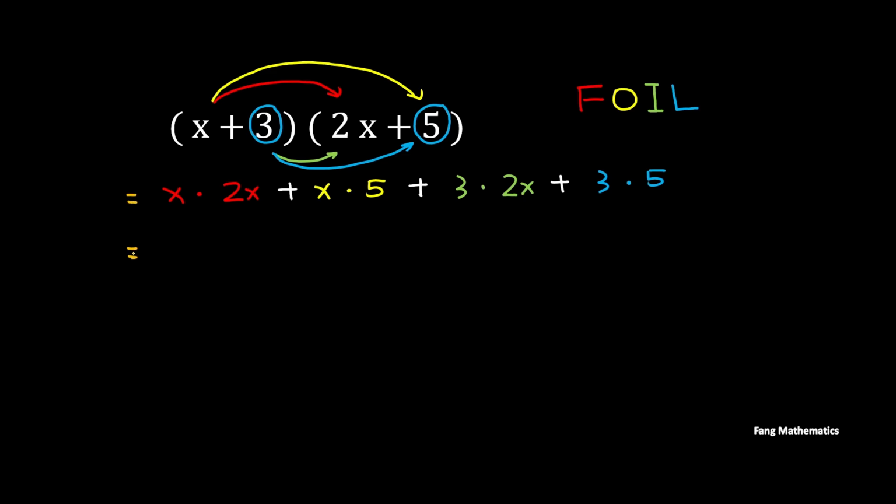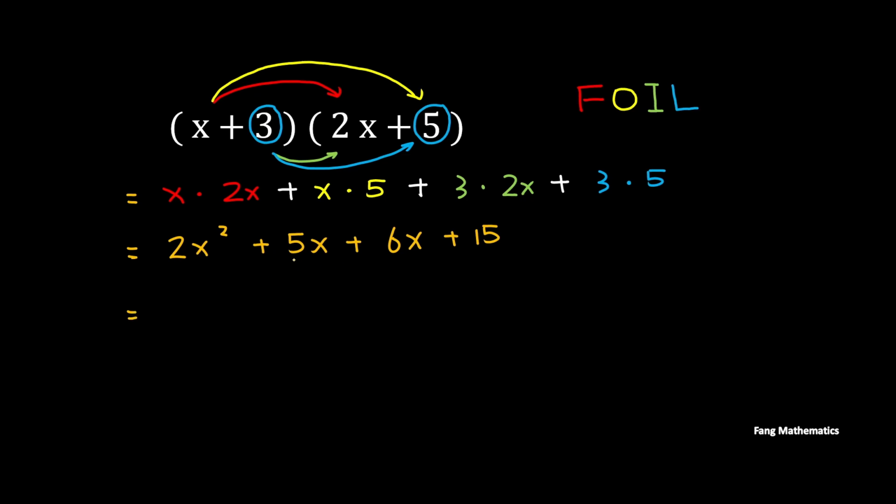And let's multiply them. Let's look at the first term, x times 2x. 2, you put it there. x is being multiplied by itself 2 times, 2x squared, plus x times 5, bring the 5, 5x, plus 3 times 2x, 3 times 2 gives you 6, bring the x, and 3 times 5, I believe that should give you 15.